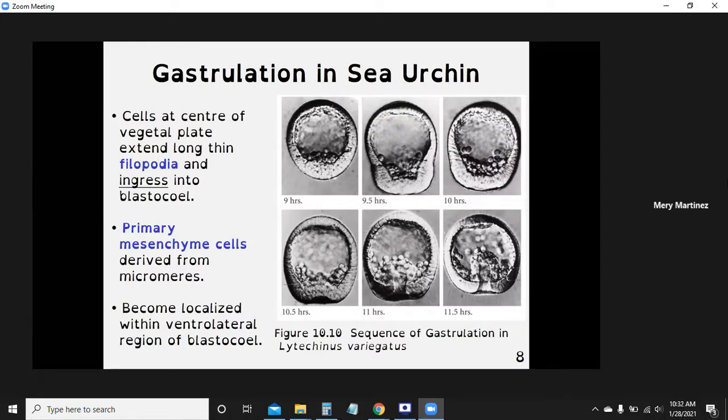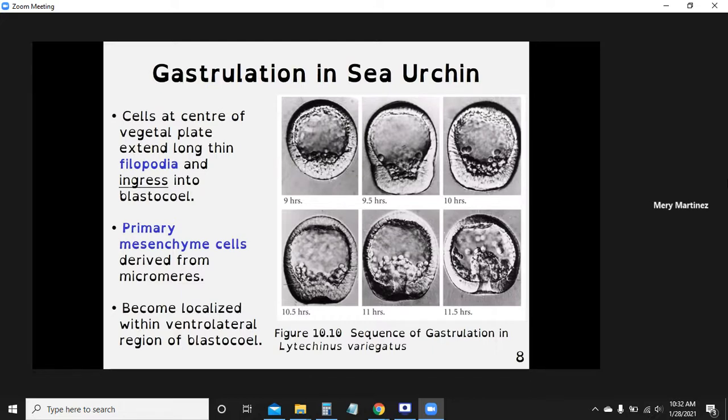So the cells that become the endoderm, meaning the gut of the individual, and the mesoderm, meaning the skeleton of the individual, are still on the outside, right? This is the outside, and they need to go inside the embryo. And that's what happens during gastrulation.